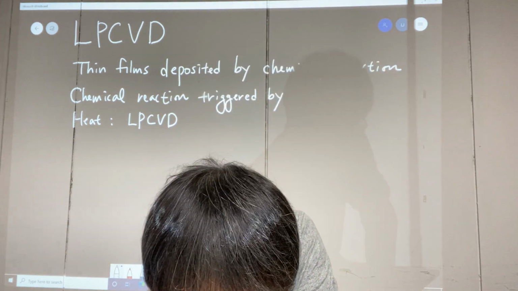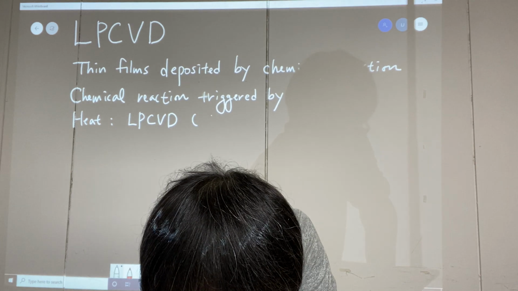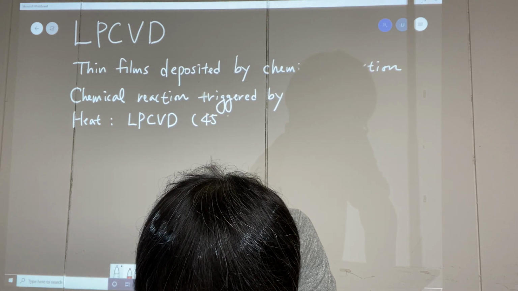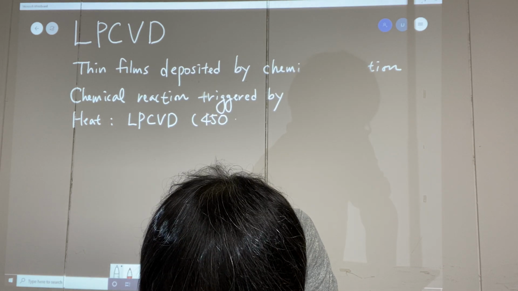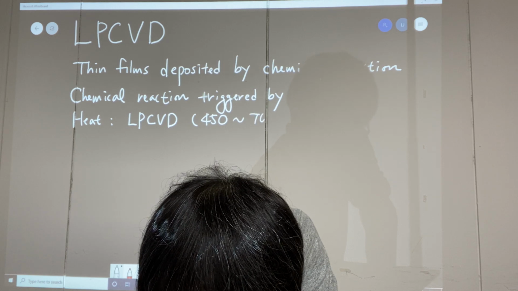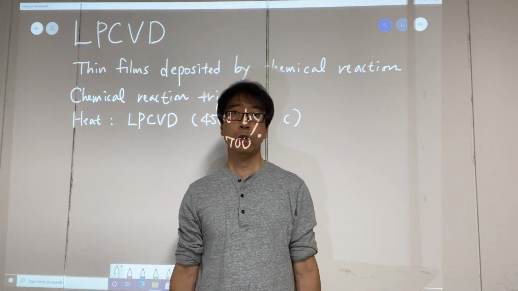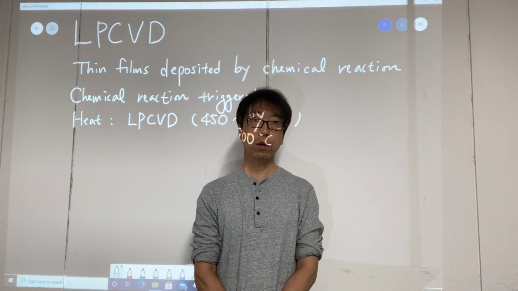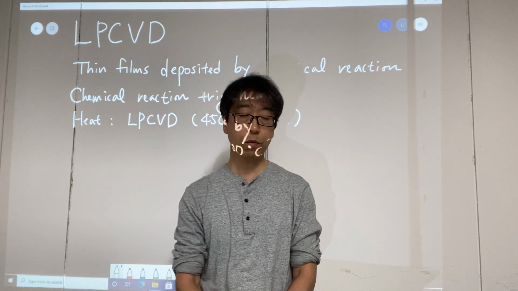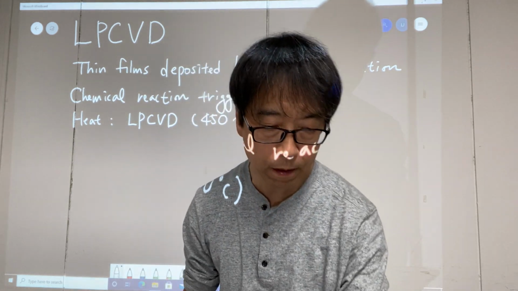So temperature used here is in the range somewhere from 400 degrees Celsius to 700 degrees Celsius. It's a little lower than the oxidation temperature, which is above 900 degrees Celsius up to 1200 degrees Celsius.